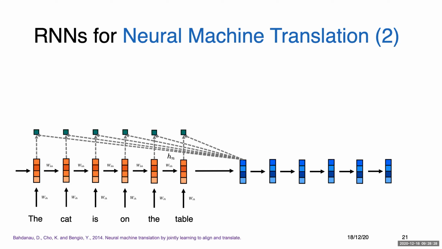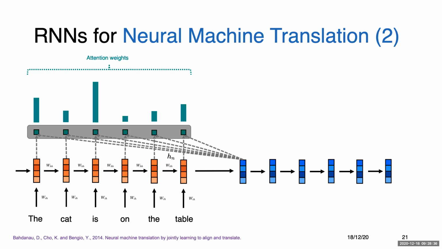So as I was saying, you can now normalize those multiplications, and then you're going to have some sort of probability distribution. You use this probability distribution as attention weights, as a way to quantify the importance of every time step in the translation of that single time step in the decoder.